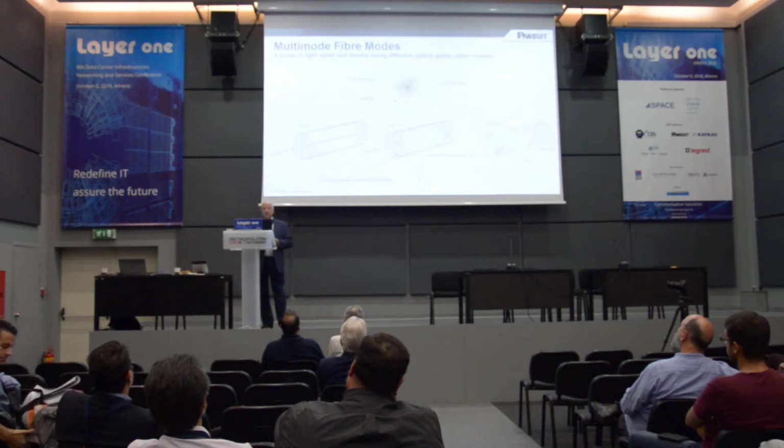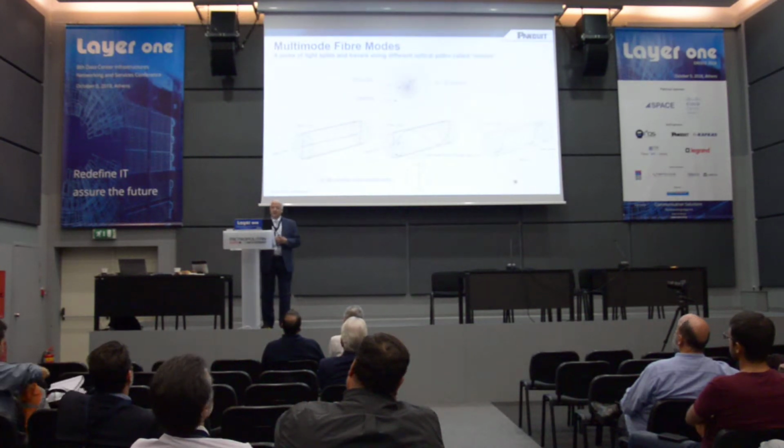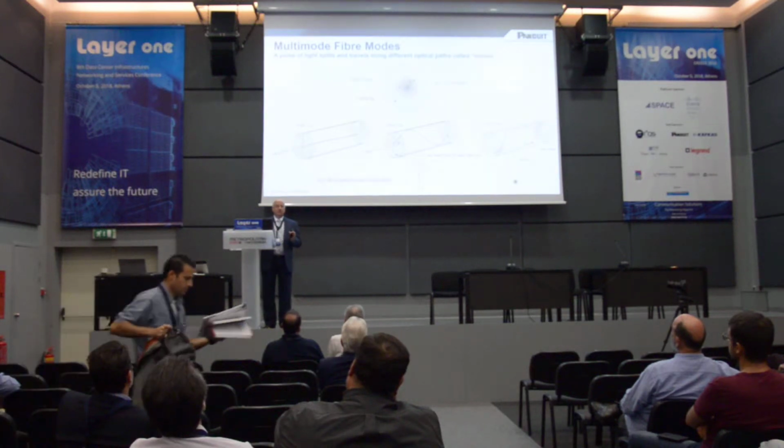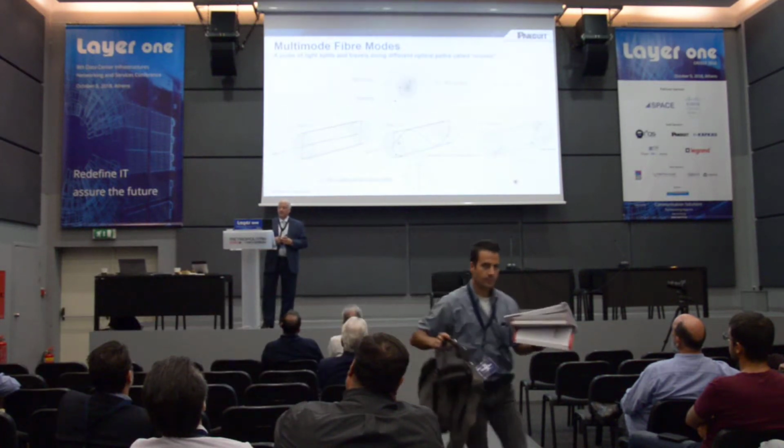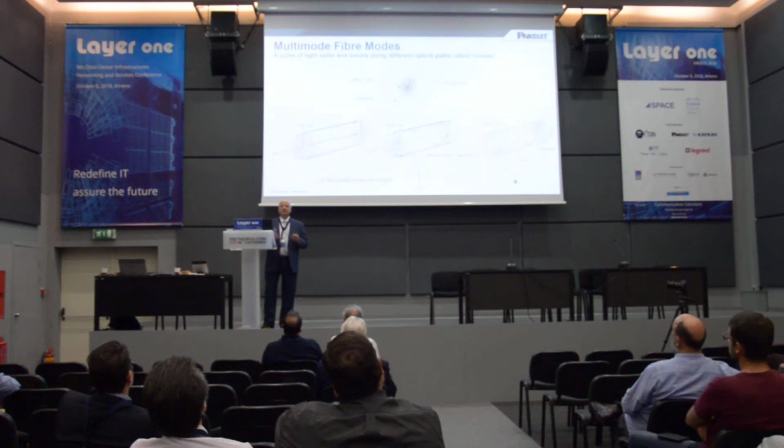So let's talk about intersymbol interference. When we talk about multimode fiber, what a mode is, is an optical path. It's nothing more than an optical path. Light is a wave, and waves interfere with themselves. And they can only propagate in certain ways. An example would be a guitar string.